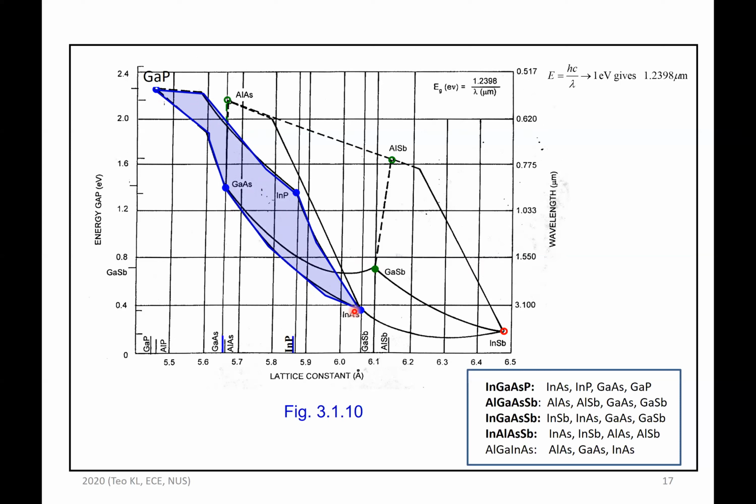So the quaternary alloy is in this shaded region, bounded by these 4 ternary lines.